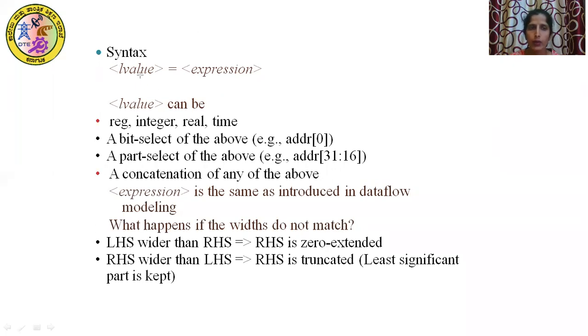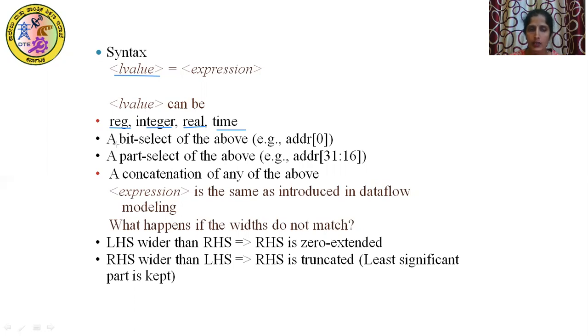Here in this example, on the LHS we have taken an L value. So what different values can this L value take? It can be a register, an integer, real, or a time variable.